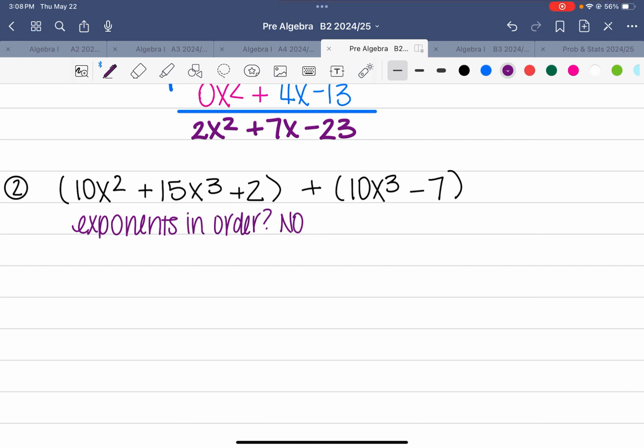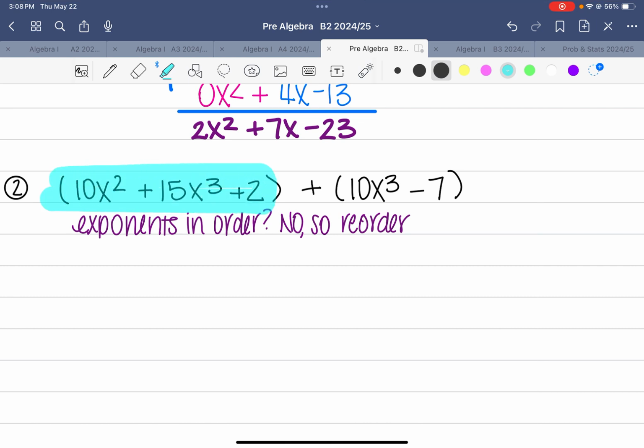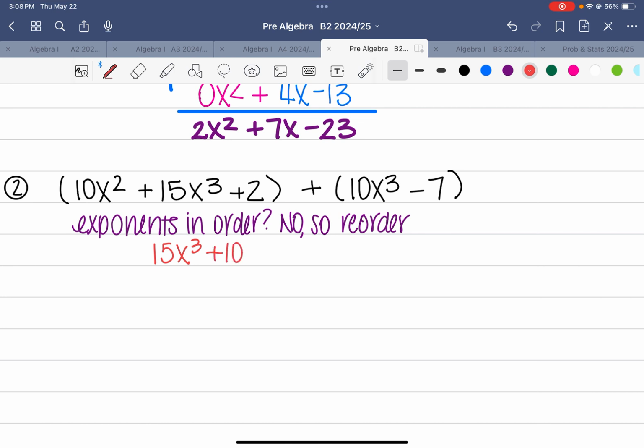No, they are not. So we have to reorder. In my first set of parentheses, my largest exponent value is what? My largest exponent value is 15x cubed. And then I'm going to put a positive 10x squared plus 2. So I rewrote my first set of parentheses.